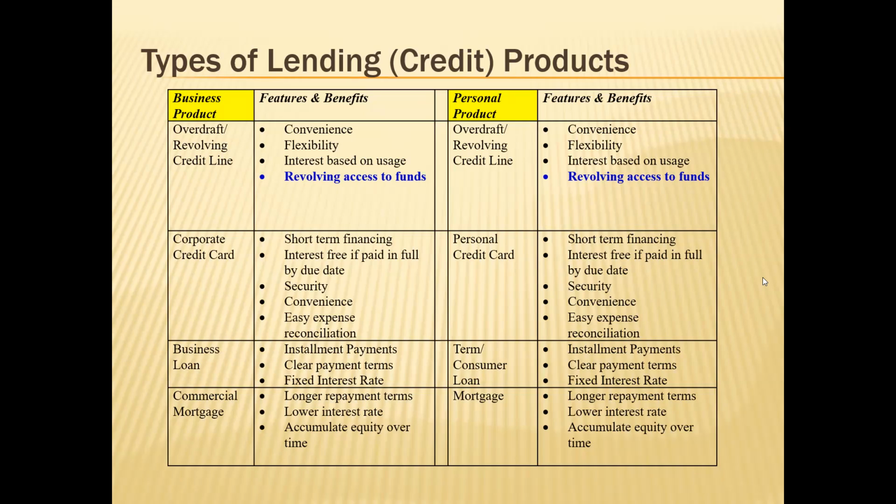The interest rates on mortgages, compared to loans and credit cards and overdrafts, generally tend to be lower. And with the mortgages, you accumulate equity over time. Equity is what the client owns in the property.